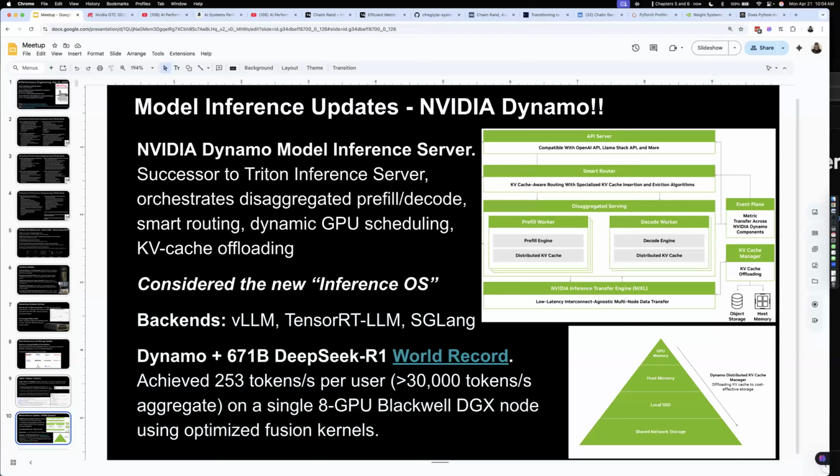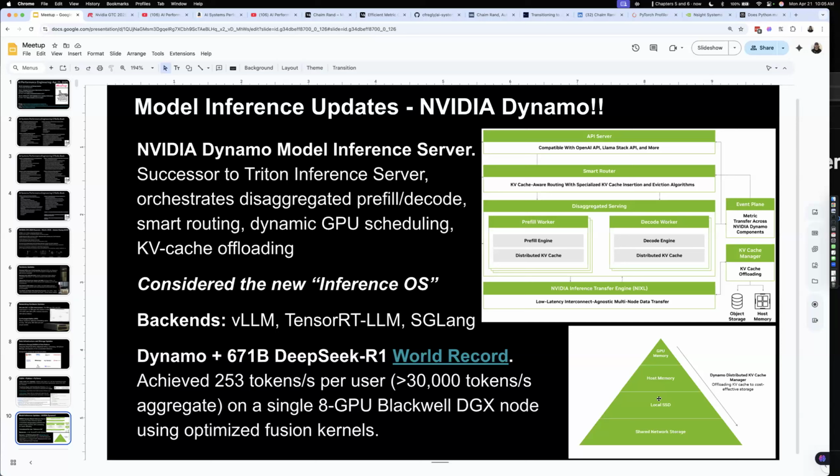And coming from Amazon, Dynamo actually is an overloaded term as well, but I've been able to get past that. So, the NVIDIA Dynamo model inference server is the successor to the Triton inference server, and it is performing and orchestrating disaggregated prefill and decode, smart routing, dynamic GPU scheduling, and the ability to offload caches.